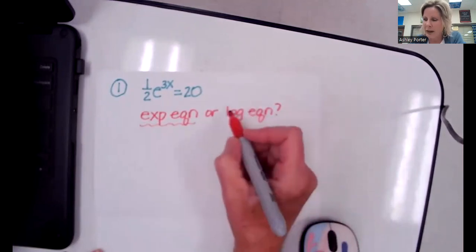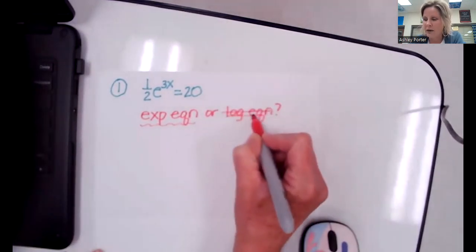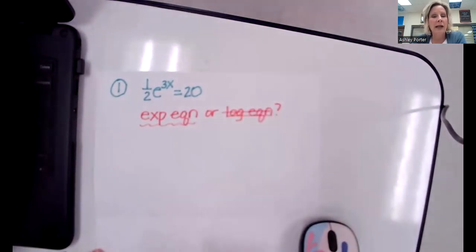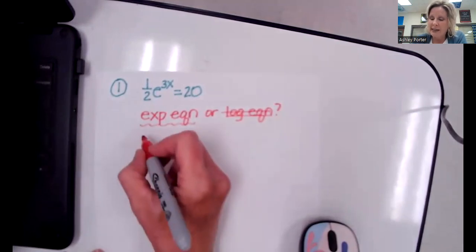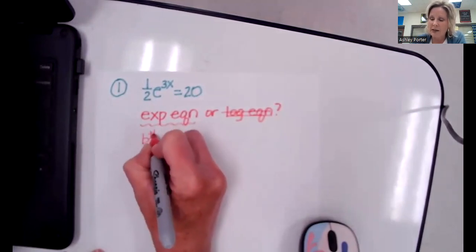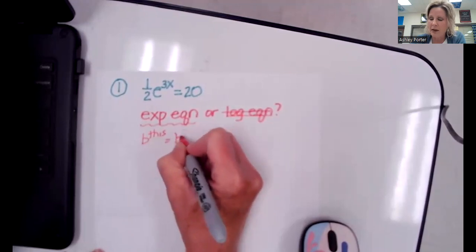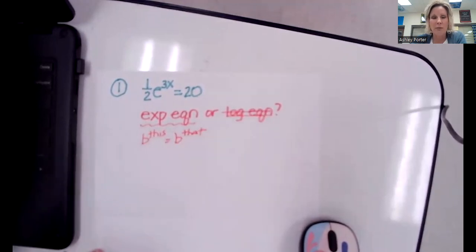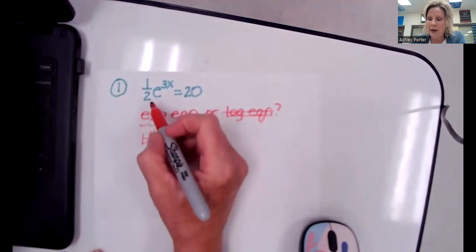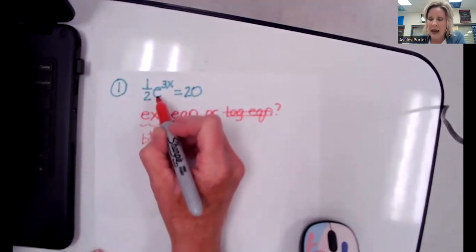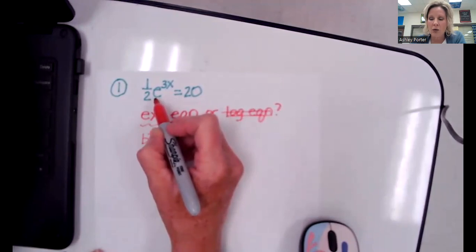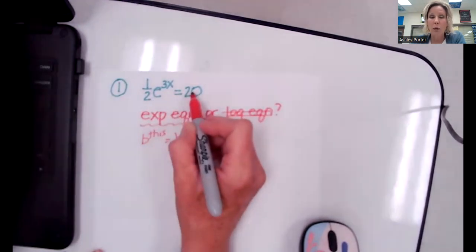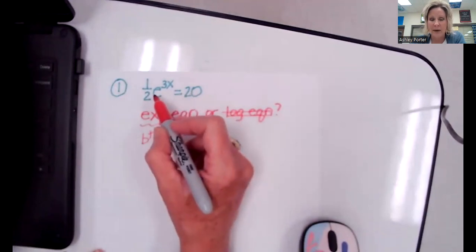It can't possibly be a log equation. So now my next natural question is, can I write it b to the this equals b to the that? That's always my first go-to. But the answer is no, because e is the base, and there's no way you can write e as some normal number as a power of e.